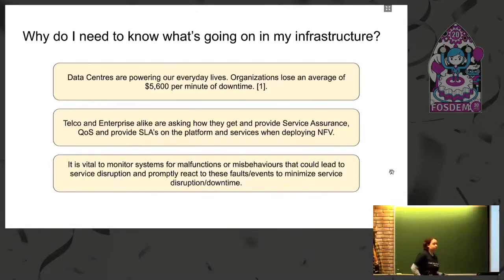So as they move from fixed function network appliances to an NFV environment, the tooling required to actually maintain, host, and orchestrate this becomes more and more complex. At the same time, the requirements that customers have for maintaining service assurance, QoS, and the same levels of availability remain constant. They need to be met or exceeded.